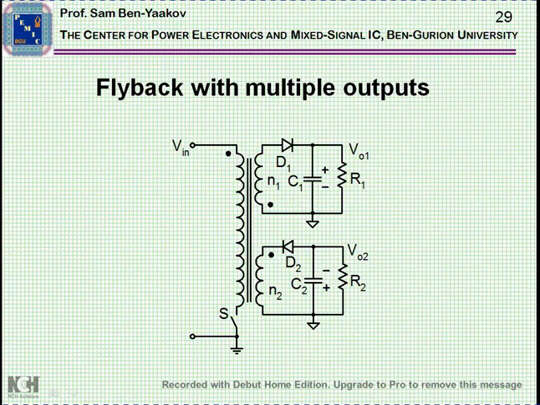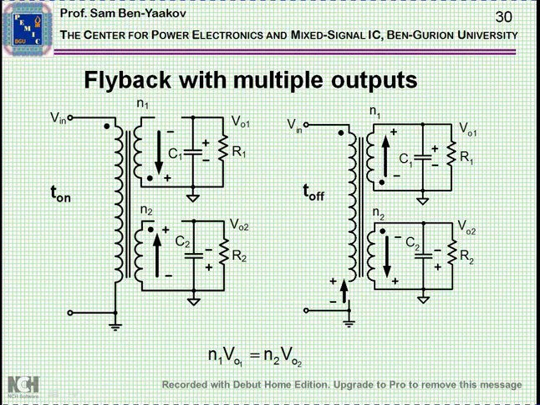Another very important feature of the Flyback converter is the fact that you can have multiple windings. That is, you can have more than one output. How does it work? Well, during the on time, the story is the same. You are storing energy in the coupled inductor. This is now a coupled inductor in this case with 3 windings. And then in the discharge state, that is in T off, energy will come out from here and energy will come out from here, and it will feed the output sections here and here.